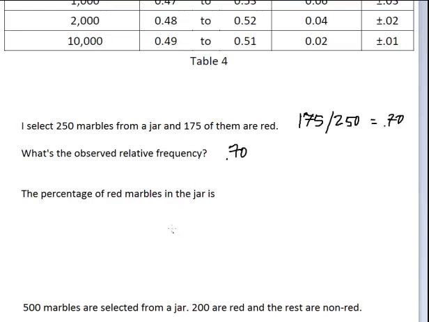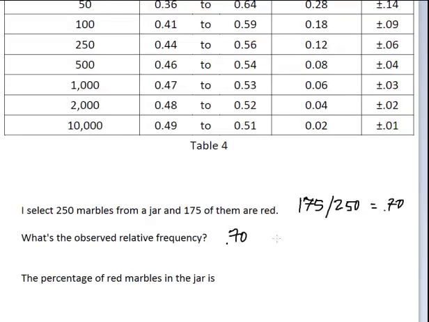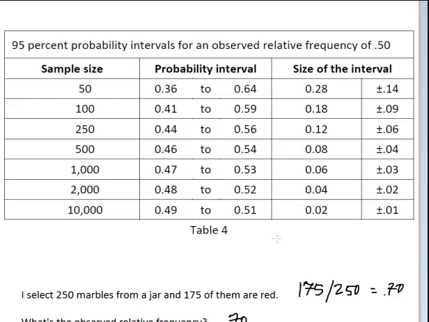Okay, now what's the percentage of red marbles in the jar itself? Now this is when we look at the table. The first thing we need is to figure out what our sample size is. So we selected 250 marbles from the jar.